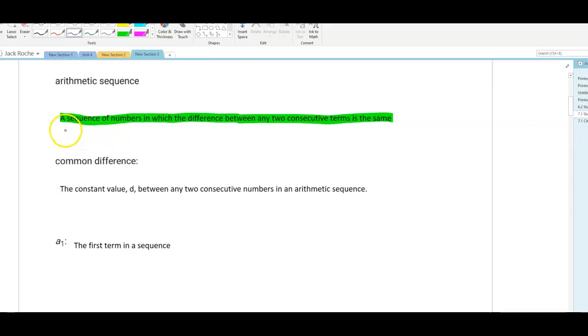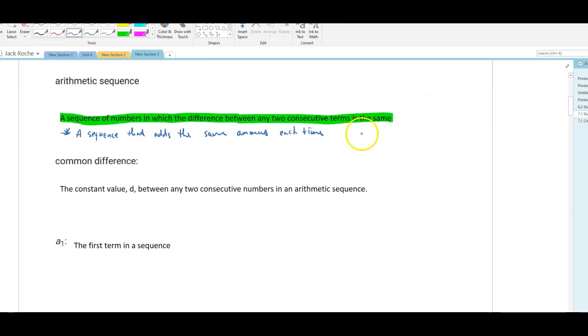Now, basically, I like to summarize this a little easier and say it's a sequence that adds the same amount each time, right?